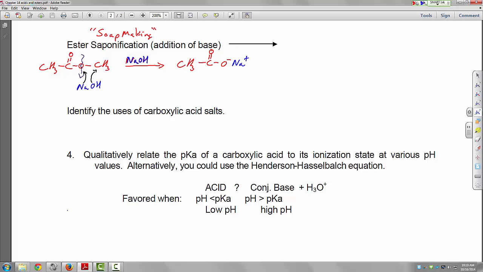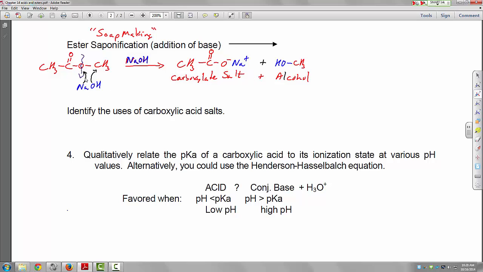In this case, the sodium salt, so sodium acetate, plus methanol. So we have a carboxylate salt plus the alcohol. In this case specifically, the carboxylate salt is sodium acetate, and the alcohol is methanol. So that's one way to think about it.